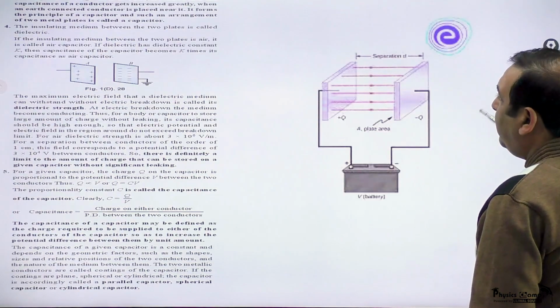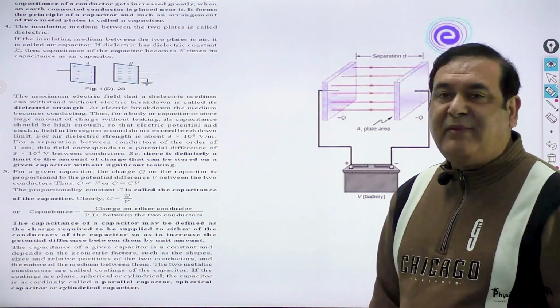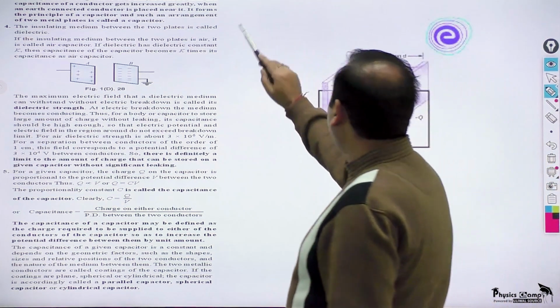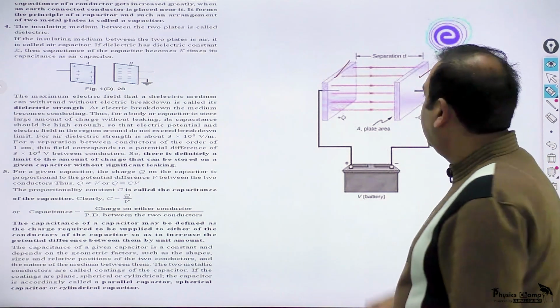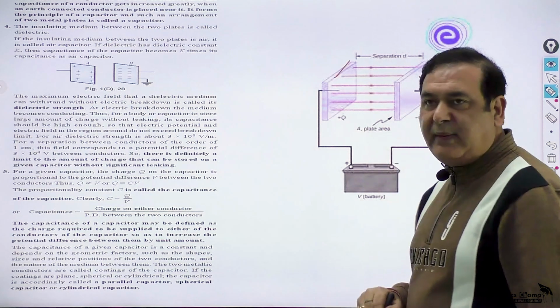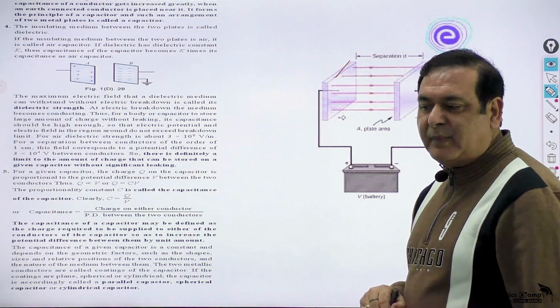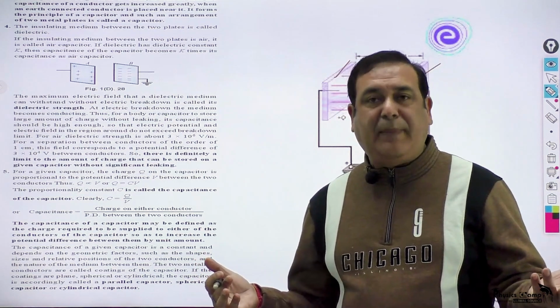So this is the principle of a capacitor. And now moving forward, one side it is clear, like this is a parallel plate capacitor. So you have two parallel plates separated some distance apart. They do have increased capacity.